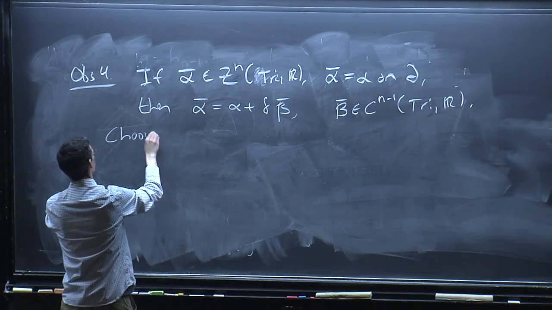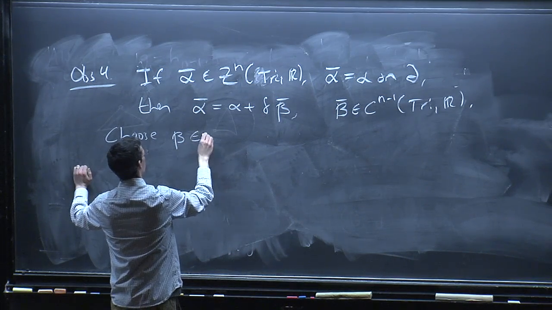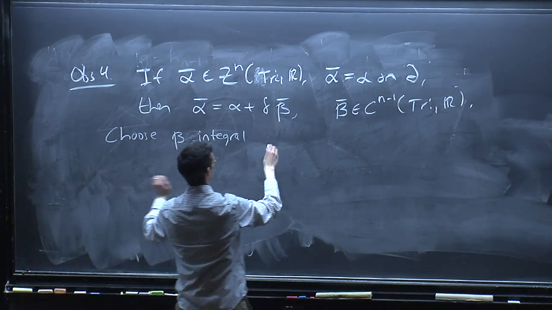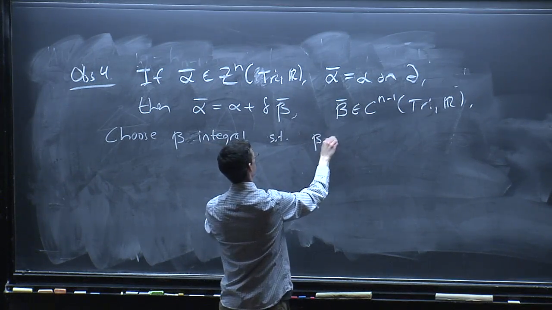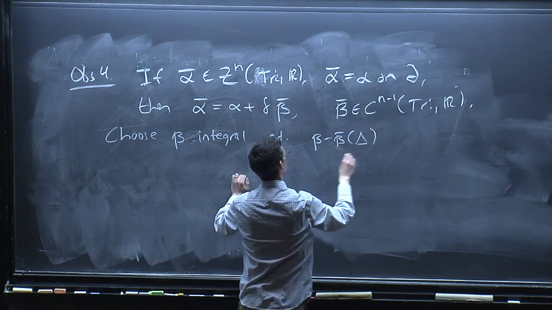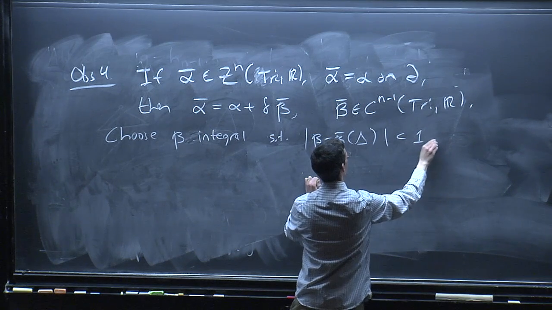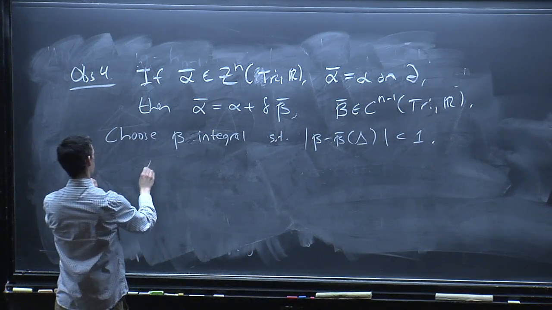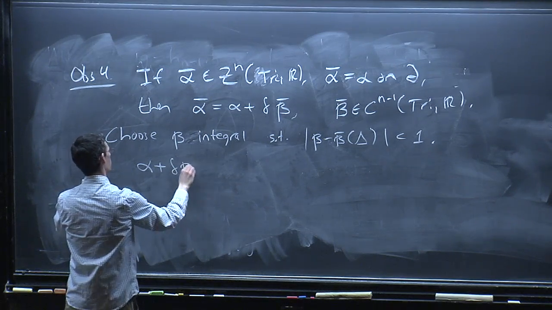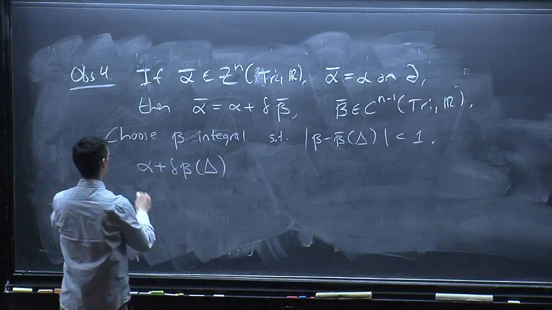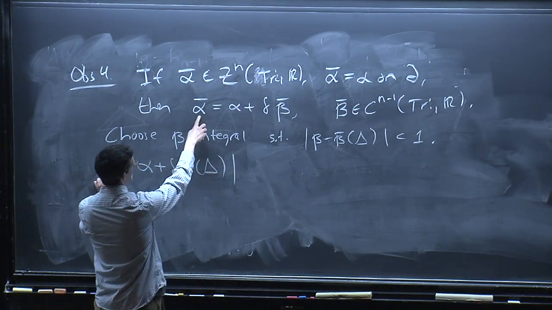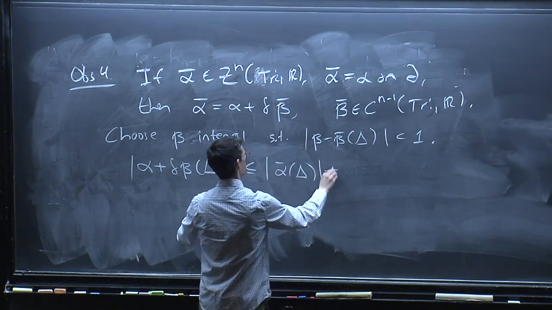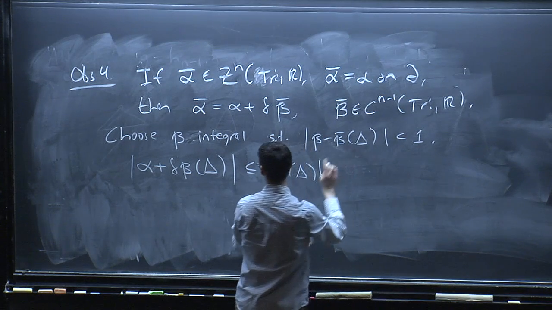So I can choose beta, which is integral, that is close to beta bar, so that if I take the difference between beta and beta bar on a simplex, it's always smaller than 1. And then if I take alpha plus delta beta, and I evaluate that on a simplex, it's almost the same as alpha bar. So it's less than alpha bar on the simplex, plus the effect of this rounding.